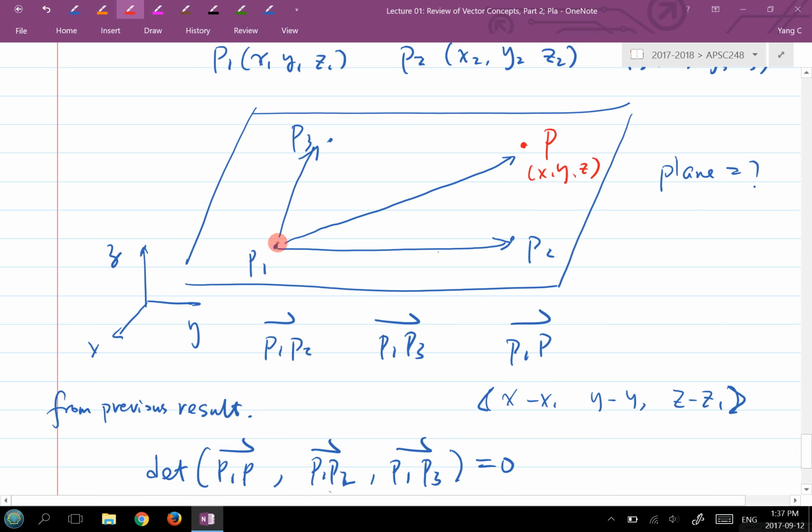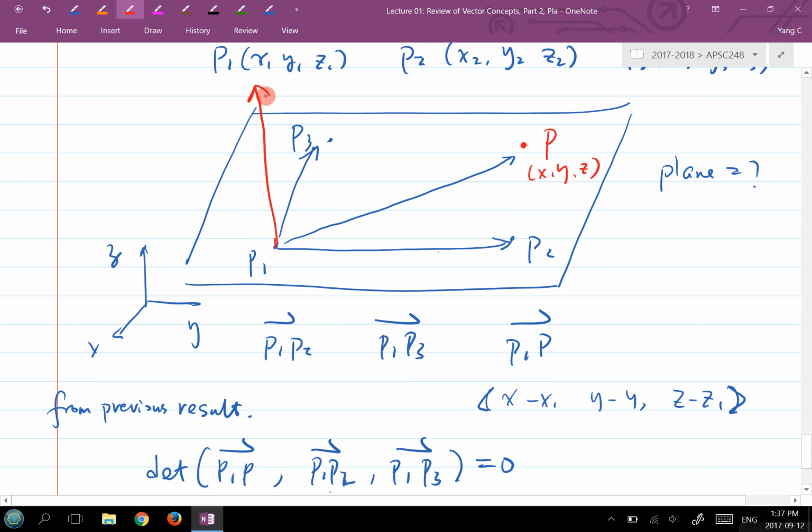You first say it's a cross product, right? The cross product means it's a vector, and it's a vector perpendicular to this plane. Does that make sense?